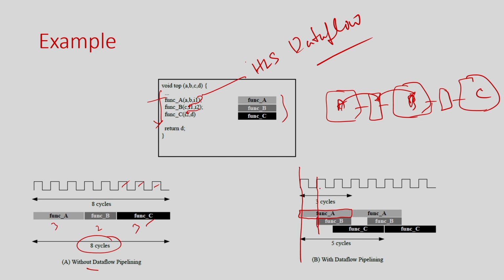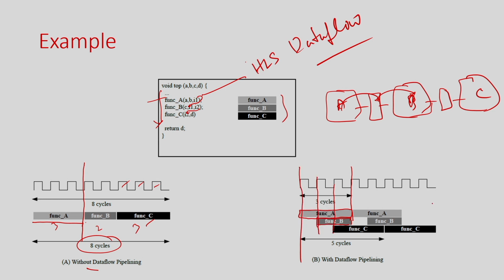So, you see here that without dataflow, B starts only when function A completes, right. Here, function A is going to complete here, but after 1 clock only, because some intermediate data is already available in the intermediate channel, function B can start execution, right. That is the important thing happening here, and similarly after the next clock, B will produce something and function C can start its execution now.